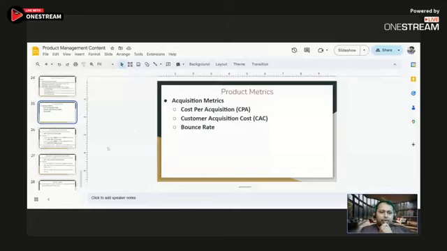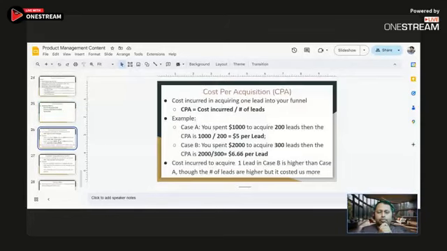When it comes to cost per acquisition, it's nothing but the cost incurred by us for acquiring one lead into our system. When I say lead, it's a user who is not a paid customer.